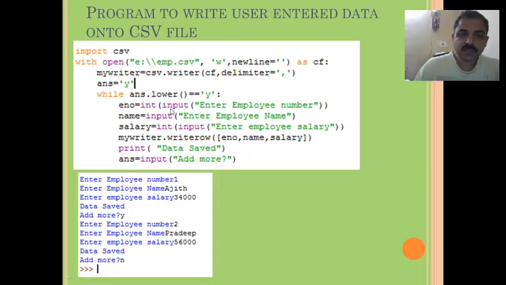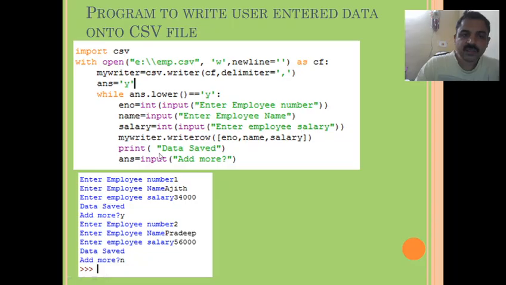So first we'll ask for an employee number, then employee name, then salary. These things are stored in a list here, and the writer's writerow function writes this list into the file as a record.